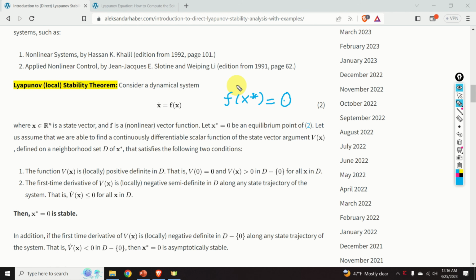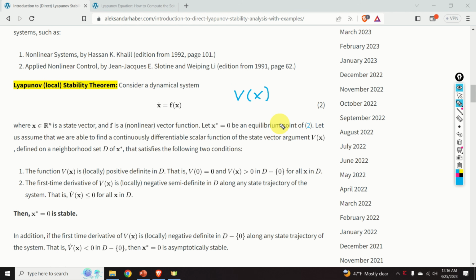Let us assume that we are able to find a continuously differentiable scalar function of the state vector argument. This function is usually denoted by v of x, and it is defined on a neighborhood set D of our equilibrium point.